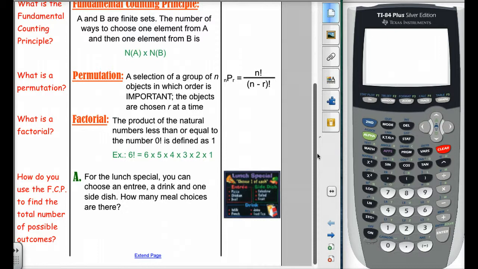So if we look at this menu here, we've got entrees of pizza, chicken, or beef, side dish of coleslaw, salad, or fruit, and drink options of milk, punch, juice, or iced tea. So, for example, we could choose pizza, a salad, and milk.